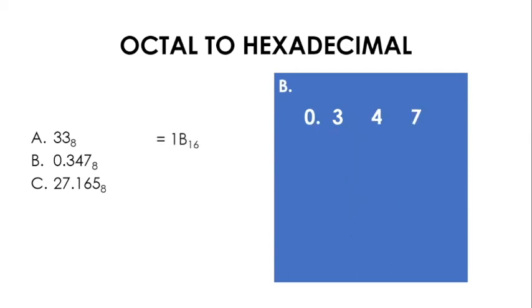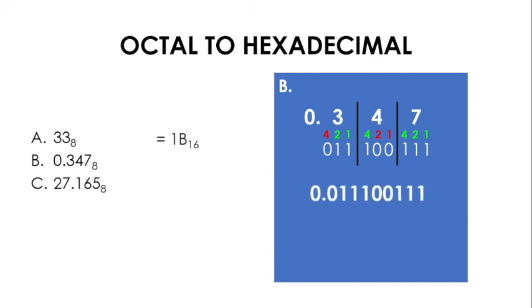For the next example, we will do the same thing. We will first convert the given 0.347 octal to binary. The binary equivalent of it is 0.011100111. We will take the binary equivalent of that octal and convert it into hexadecimal.